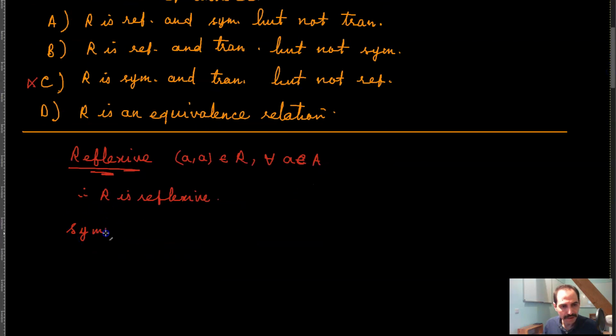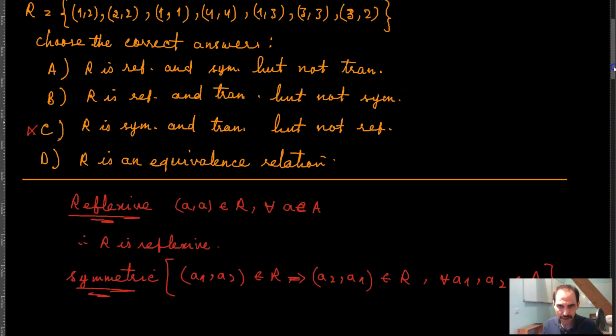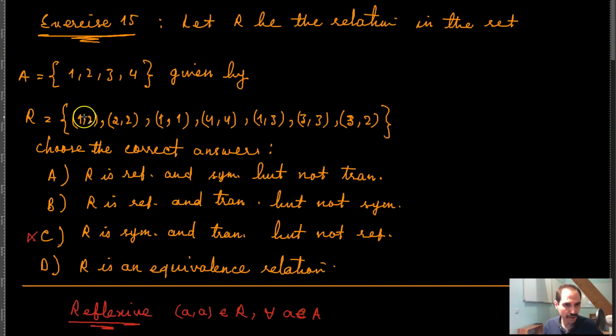To figure out if R is symmetric, the condition is that if (a1, a2) belongs to R, that implies that (a2, a1) also belongs to R for all a1 and a2 belonging to A. Over here you can see that (1, 2) belongs to R, so (2, 1) has to belong to R as well, which it doesn't. (2, 1) is not there.